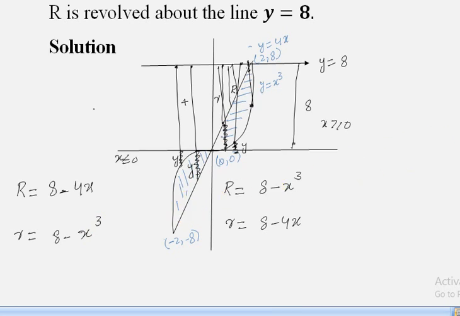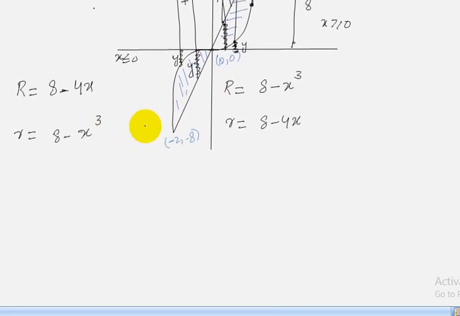Now we have found outer and inner radius. Now we are in position to set up the integrals for volume of solid of revolution. So volume in this case for this region is equal to pi times definite integral, as value of x changes from minus 2 to 0, so we write it as minus 2 to 0.